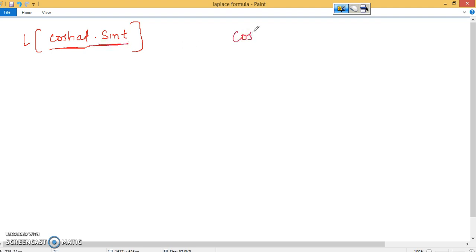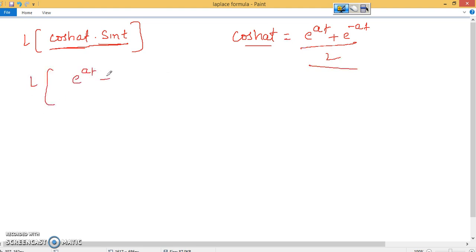We know cos h of at is equal to e to the power of at plus e to the power of minus at by 2. So we can express this hyperbolic function in terms of exponentials. You can write here e to the power of at plus e to the power of minus at by 2 into sine of t.